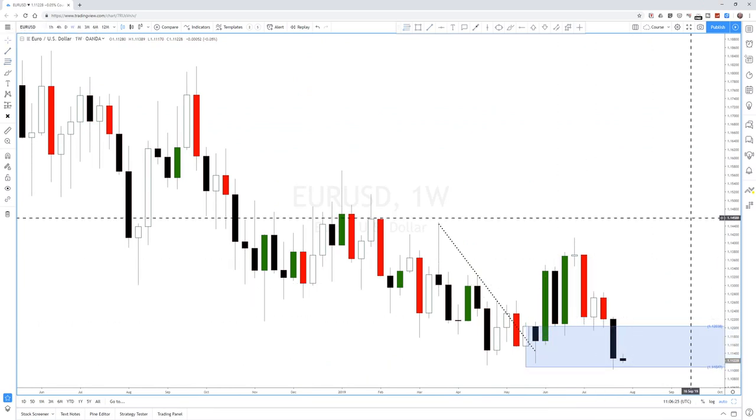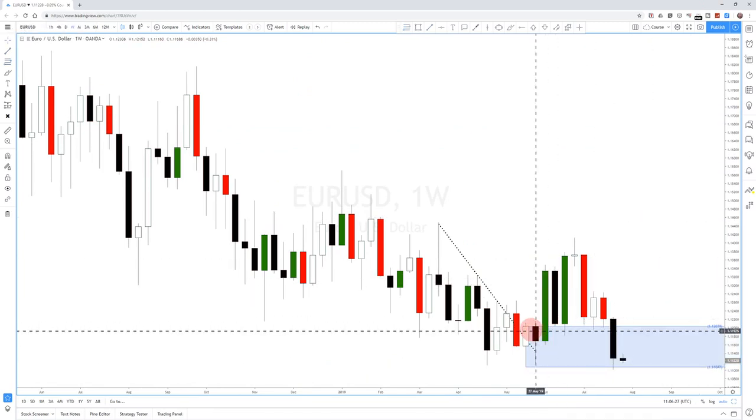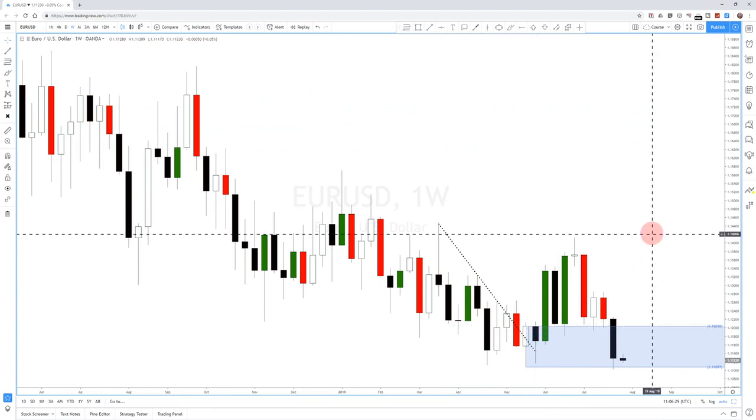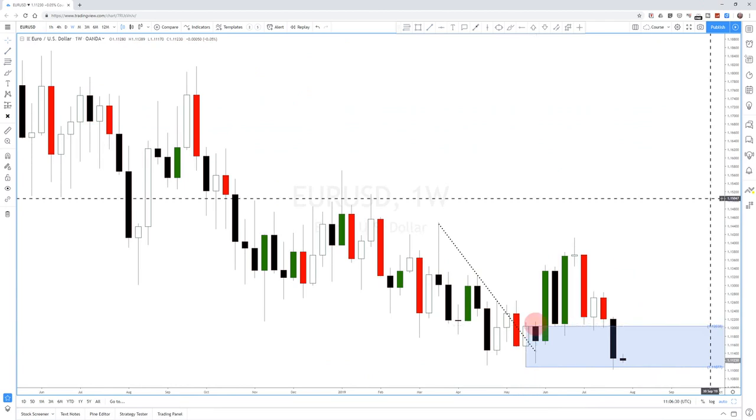In order for this imbalance to become a valid area of demand, the impulse needs to consolidate away, and by consolidation away it means that there has to be a full candle, with its high, open or close, and low gravitating away, consolidating away above the proximal line of that impulse.